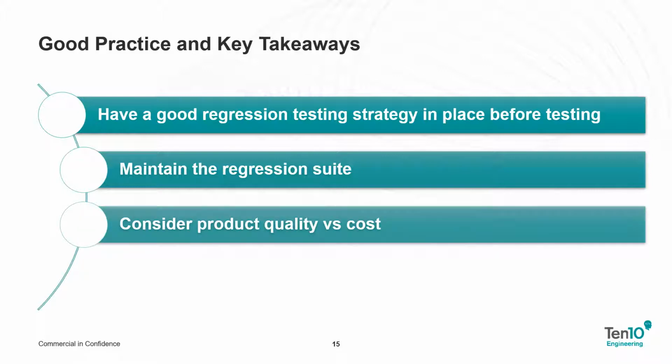Consider product quality versus cost. Using a risk-based approach can save time and effort on testing by choosing test cases covering the application areas affected by recent changes in the project and ranking them according to priority. The risk of deploying to the live environment is significantly less than the cost of not having run any regression tests at all.